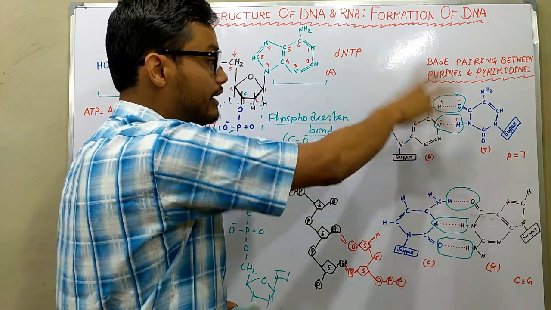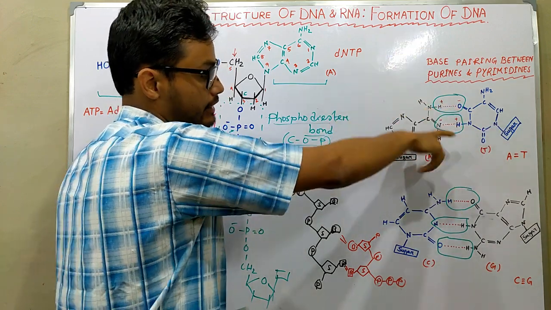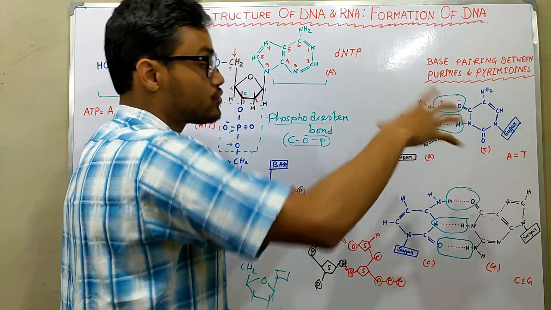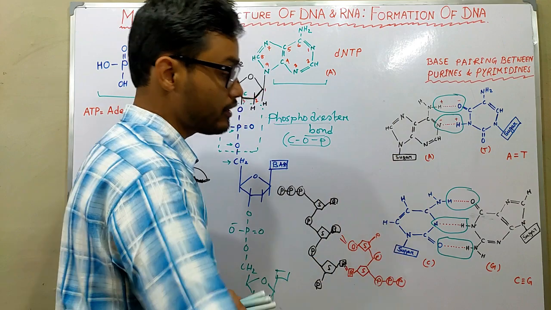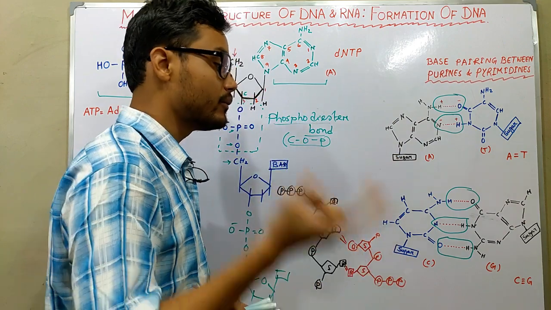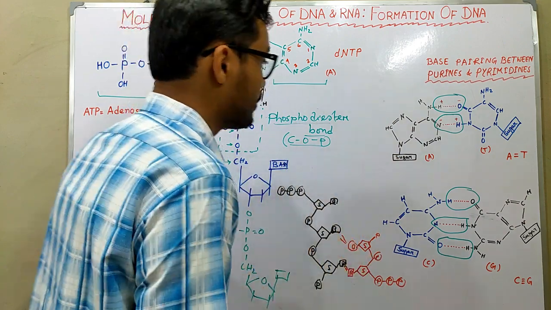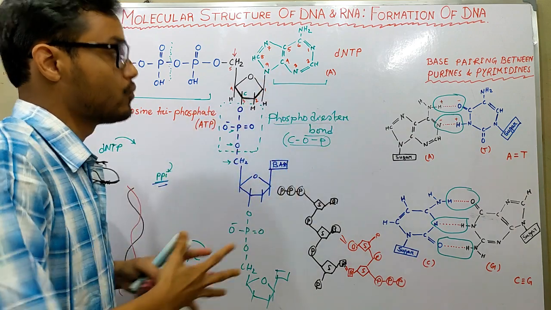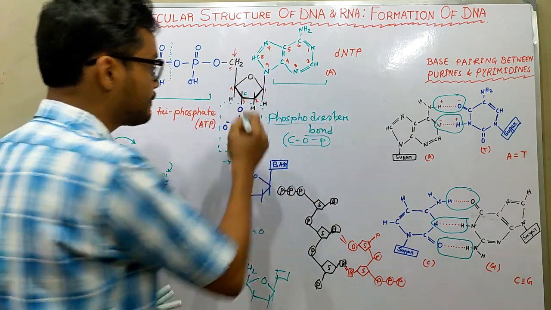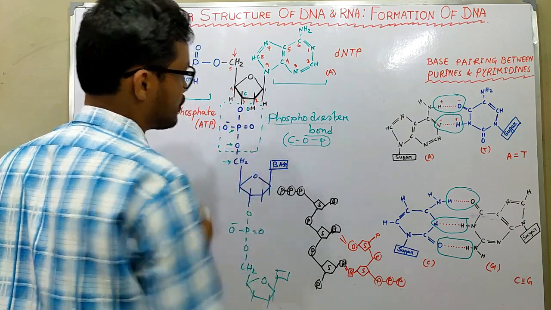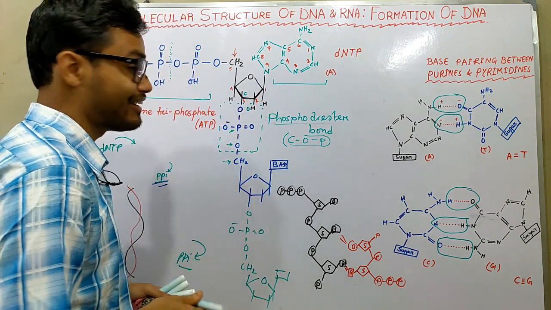This is the basic pairing of adenine, thymine and cytosine, guanine. So adenine always pairs with thymine with 2 bonds and cytosine always pairs with guanine with 3 bonds. This is the whole mechanism of formation of DNA. And if the sugar is ribose, this is the formation of RNA.